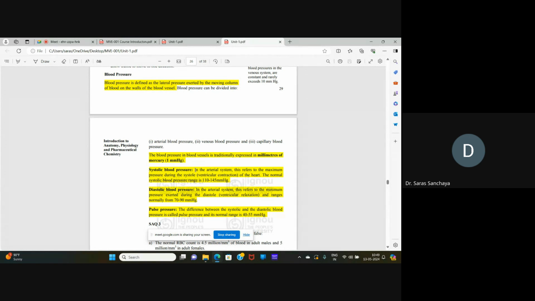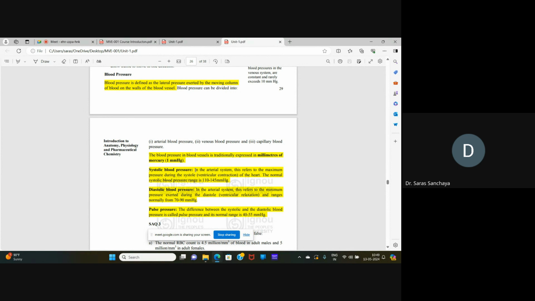The blood pressure in blood vessels is traditionally expressed in millimeters of mercury, for example, 1 millimeter of mercury. Systolic blood pressure in the arterial system refers to the maximum pressure during the systole, that is, ventricular contraction of the heart. The normal systolic blood pressure ranges from 110 to 145 millimeters of Hg.